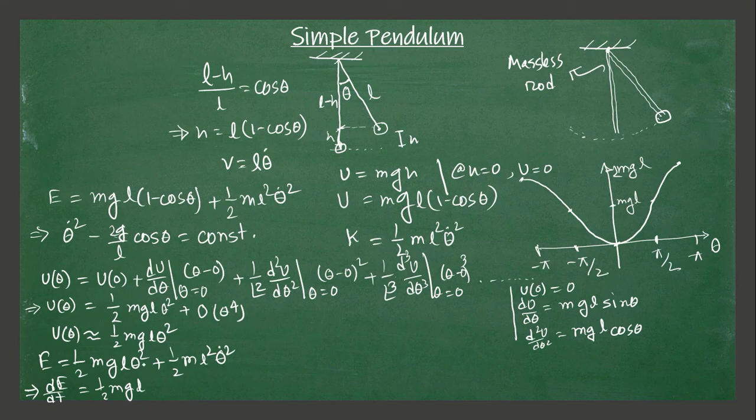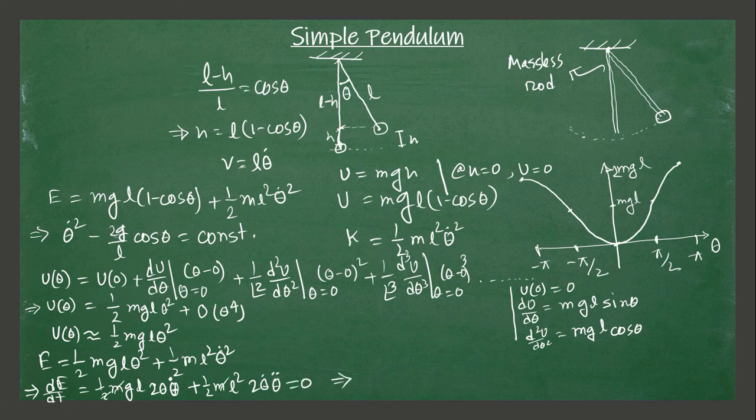You are differentiating theta squared with respect to t, so first it will return 2 theta, then theta dot, the derivative of theta with respect to t, plus half m L squared, and if you differentiate theta dot squared, it should return 2 theta dot, and again differentiating theta dot, you should get theta double dot.